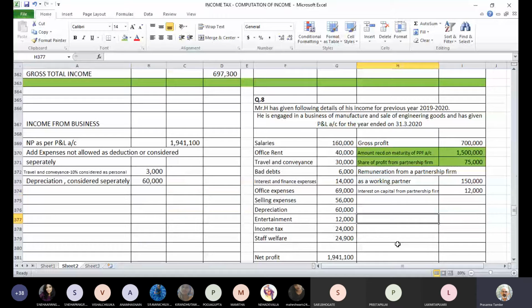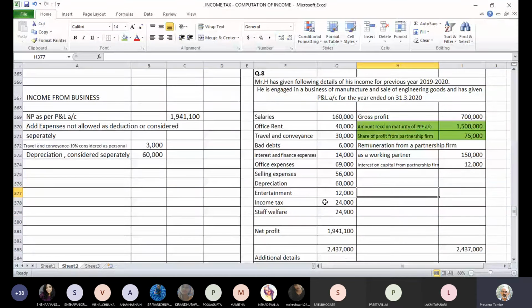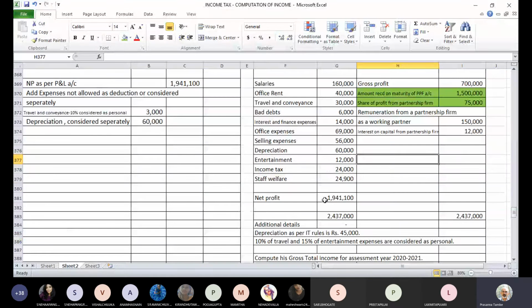Then again, entertainment, 15% is considered as personal.